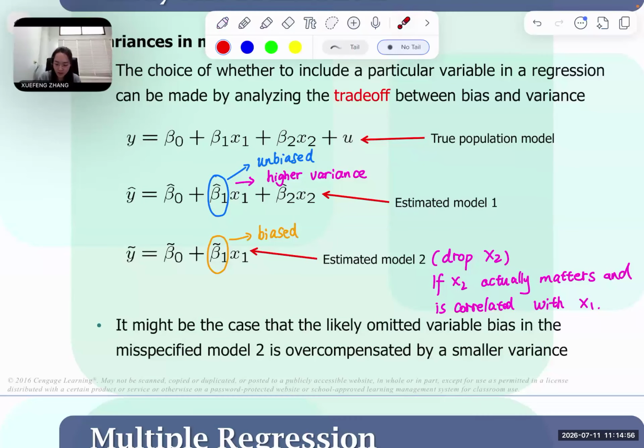So in this case, our beta 1 tilde will be biased from omitted variable bias, but there's a payoff, okay?